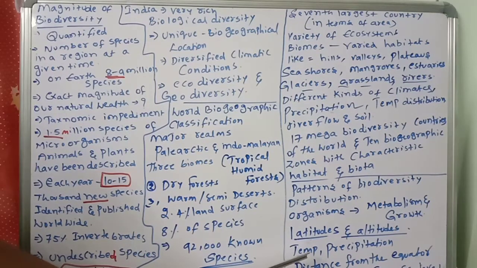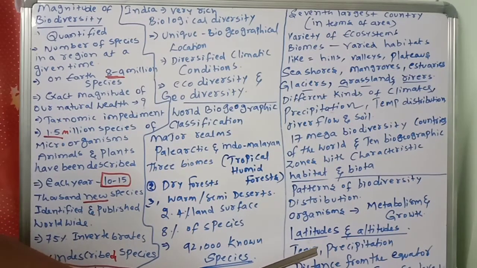Latitudes and altitudes mean temperature, precipitation, distance from the equator, latitudinal gradient, and altitude from sea level. These all affect the richness of species in a given habitat. So latitudes and altitudes play a very vital role in the richness of species or biodiversity.